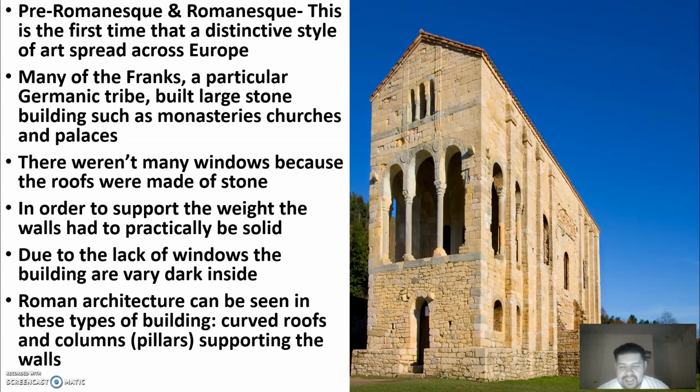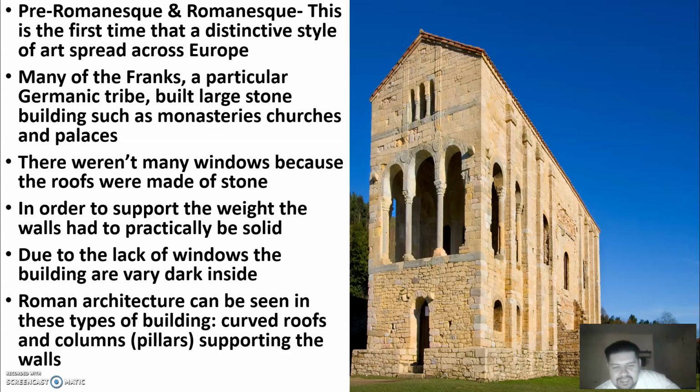If you notice in the picture to your right, there weren't a lot of windows, because the roofs were made of stone. In order to support it, you need the walls to be sturdy, so that the roof doesn't cave in.